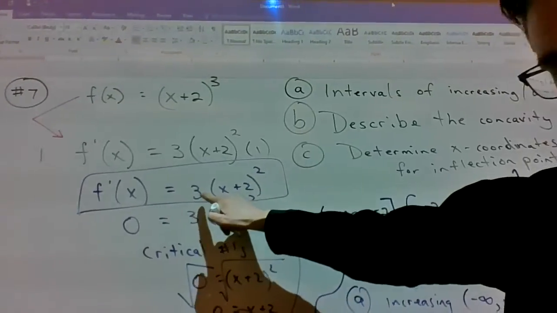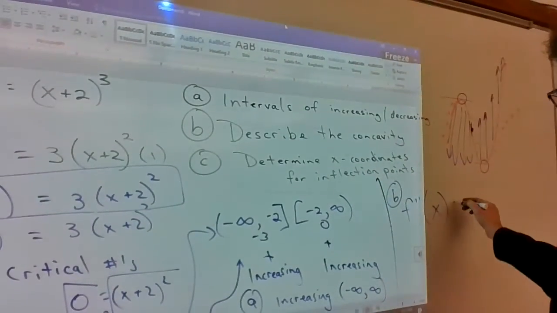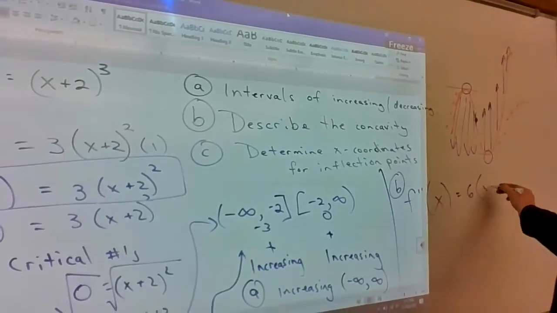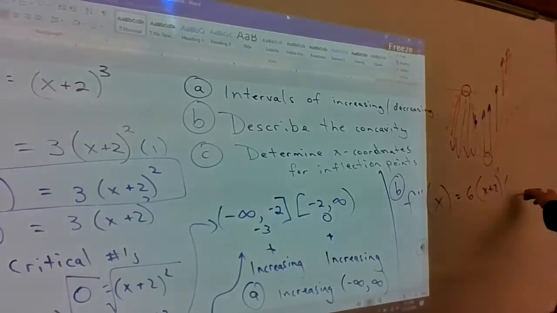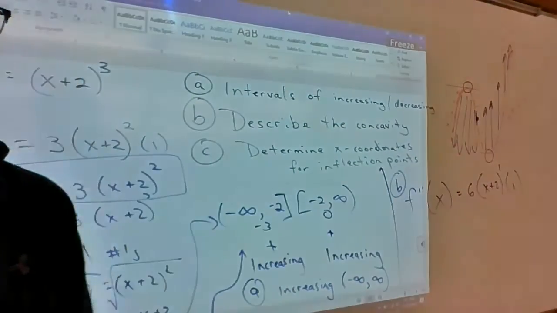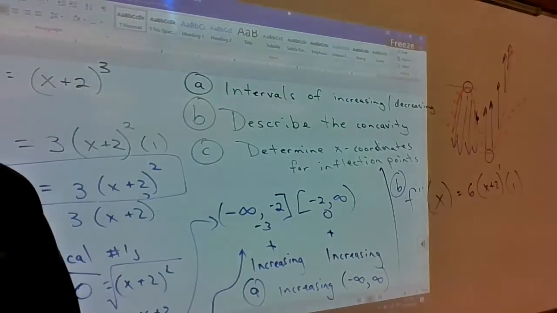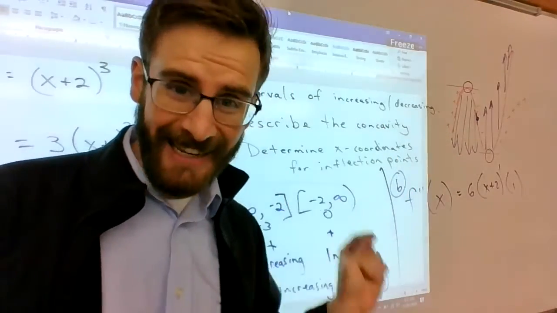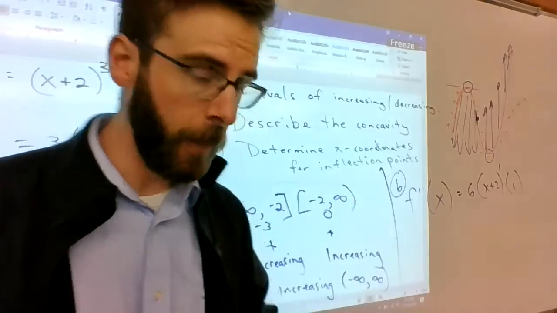You can just bring the 2 down. 3 times 2 is 6. Take 1 away from the power, x plus 2 to the 1 power. Then take times the derivative of x plus 2. So again, we're going to find critical points where the second derivative equals 0.